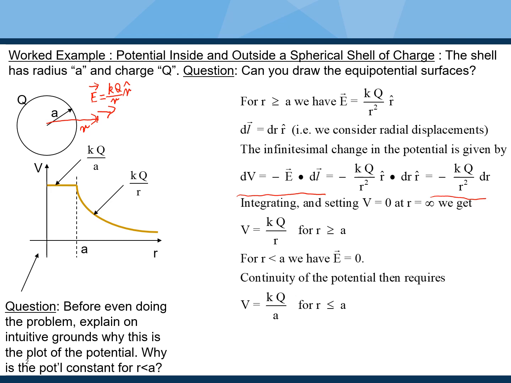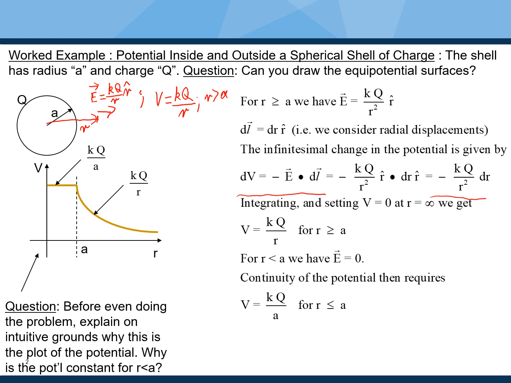And therefore, we expect that for r greater than a, our potential is just given by kq divided by r. Okay?